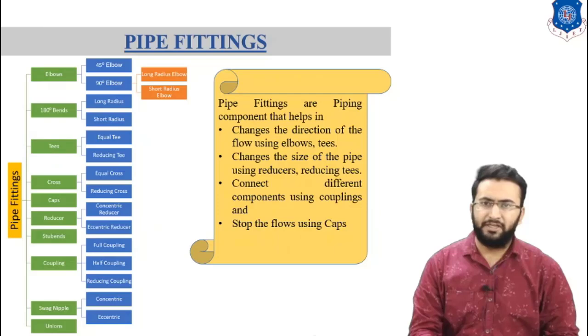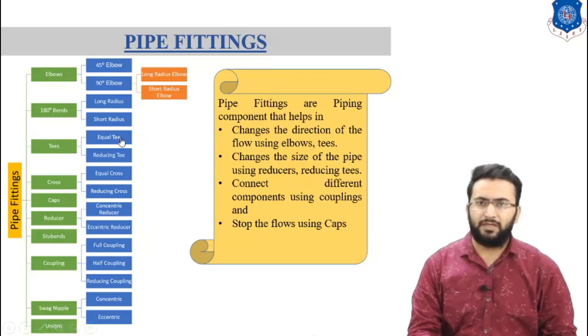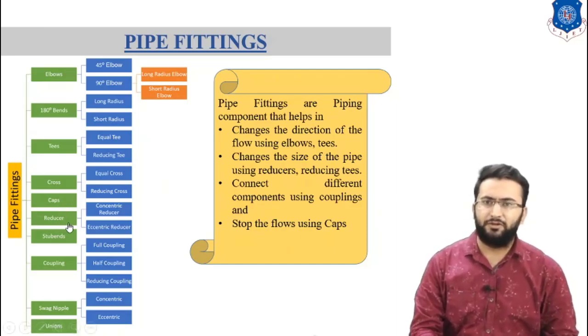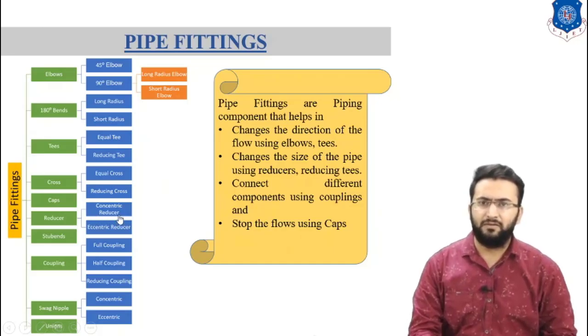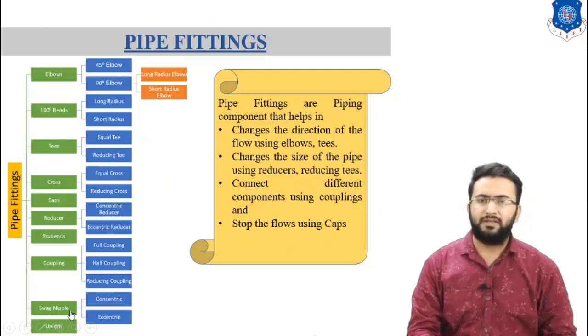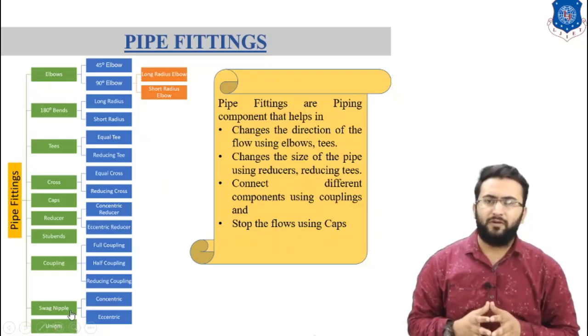Then T, which is classified as an equal T or reducing T. Cross, such as an equal cross or reducing cross. Then cap, which is to stop the flow of any pipeline. Then reducer is further classified as a concentric reducer and eccentric reducer. Then stub end, coupling and union.